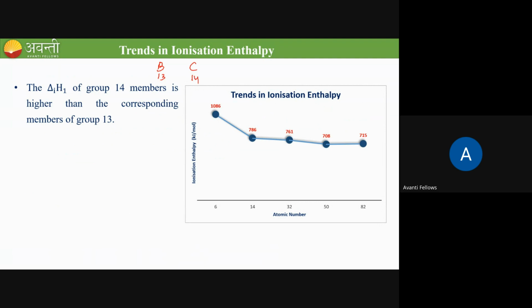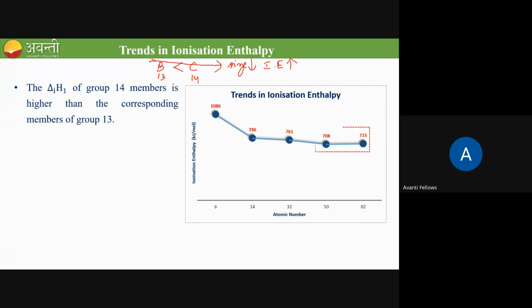Group 14 will have the higher ionization energy value because across the period size decreases, so ionization energy should increase. So when you compare boron and carbon, carbon would obviously have the higher ionization energy value. That is the first point.